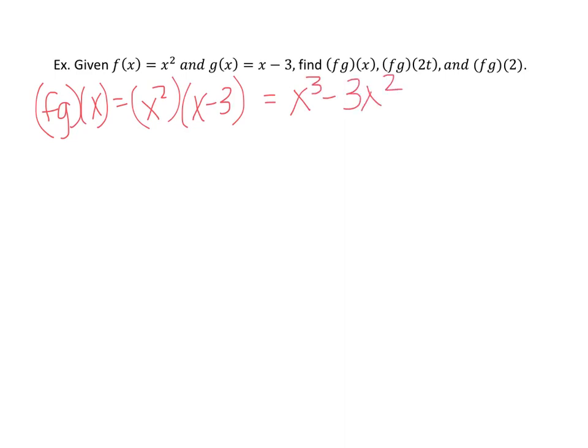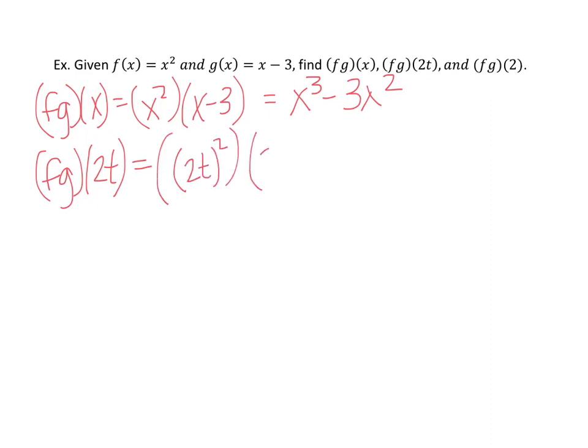If I do my second one, (f g)(2t), so I'm substituting in 2t everywhere I see an x. So for f, that means I'm going to have 2t quantity squared. For g, that means I'm going to have 2t minus 3. Multiplying all that out means distributing the square first.